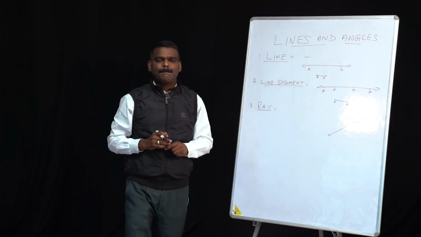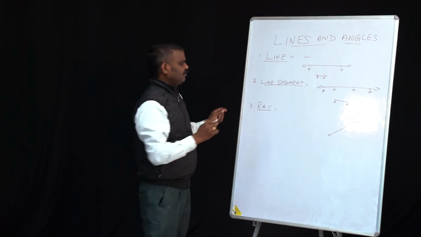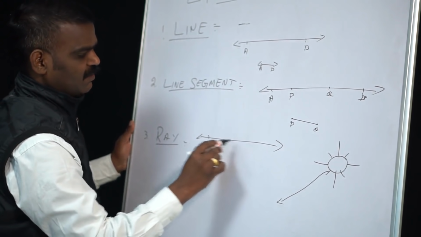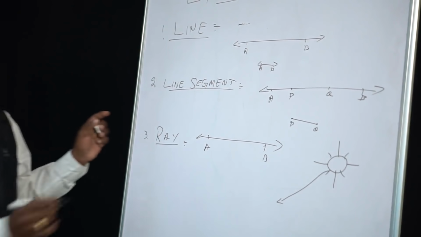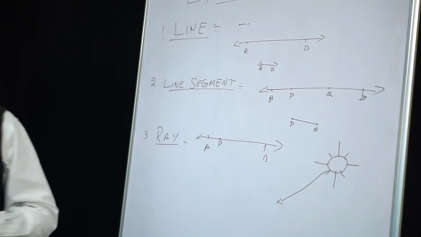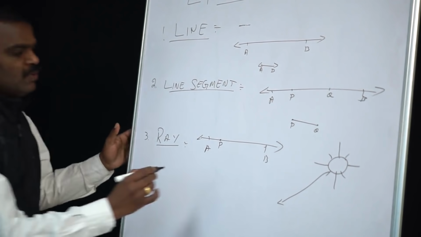So, ray is a part of a line. It's a part of a line AB. It's a point P, and where it is going to end, we do not know.